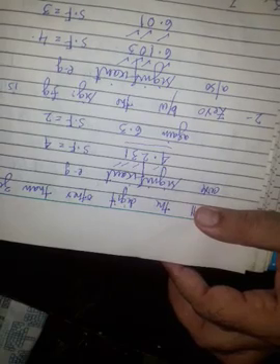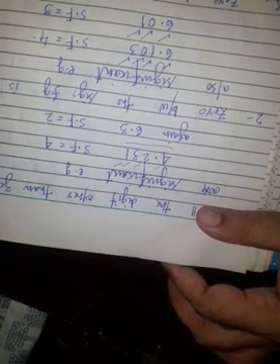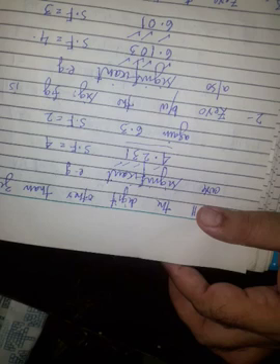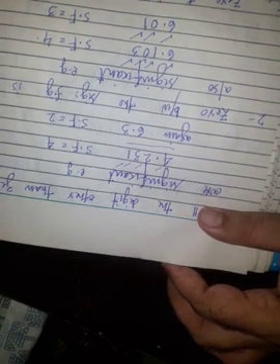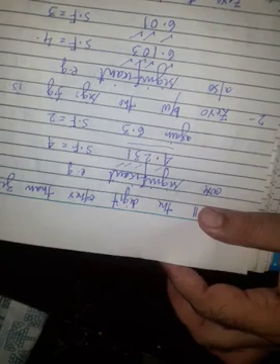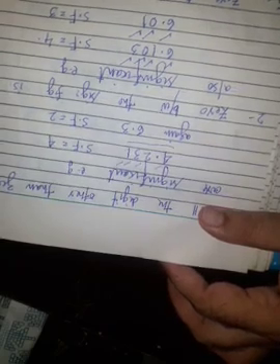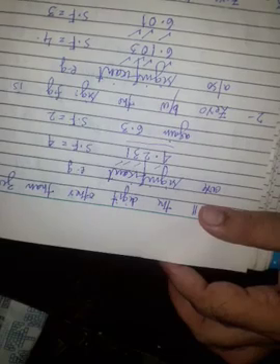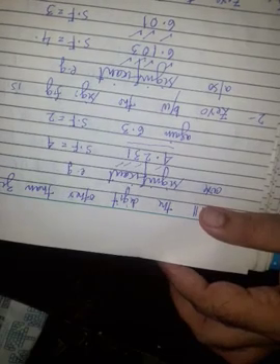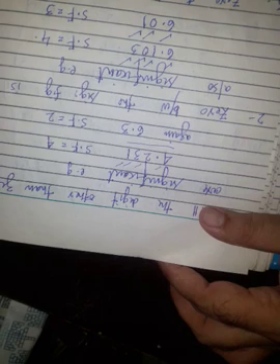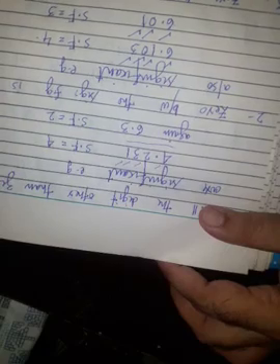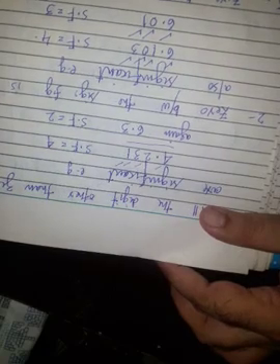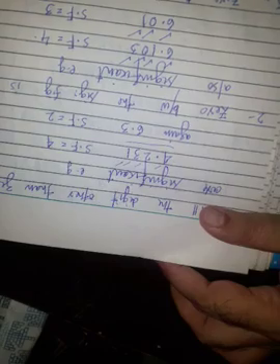Zero to the right of significant digits, zero to the right of decimal, or zero to the left of significant figures is non-significant.